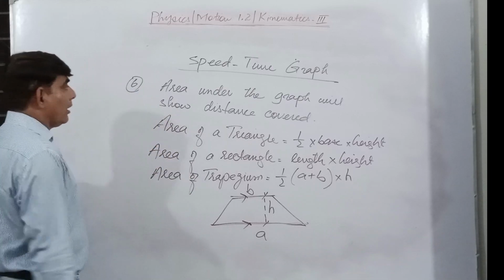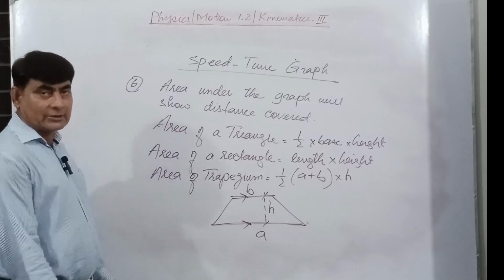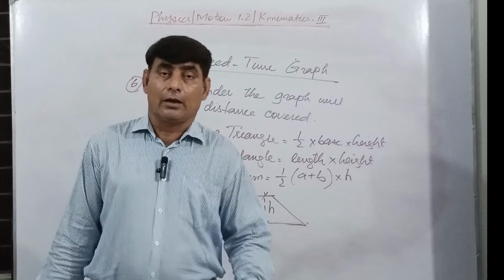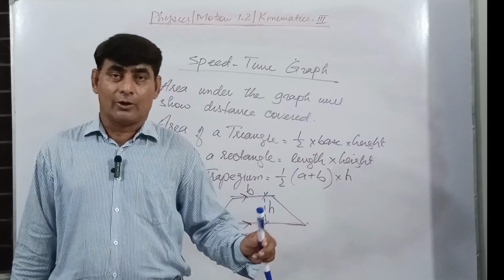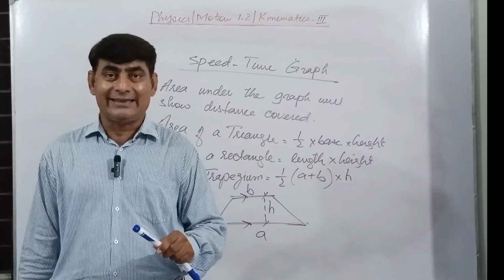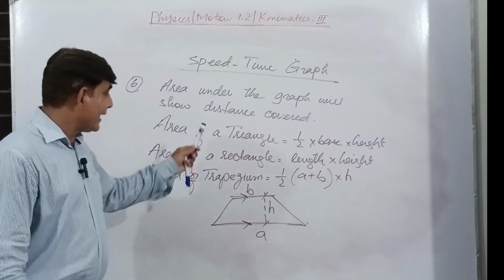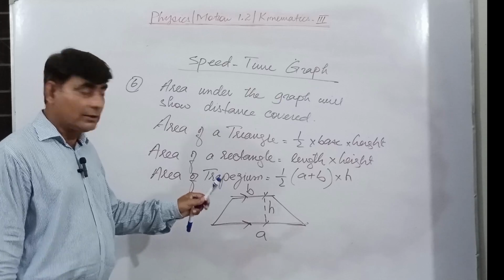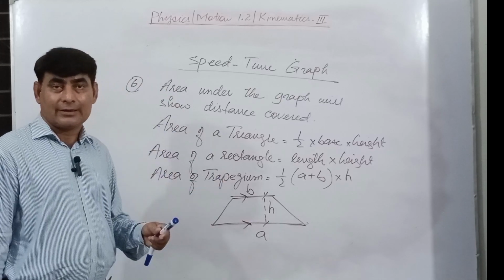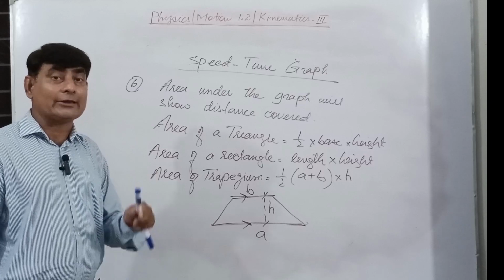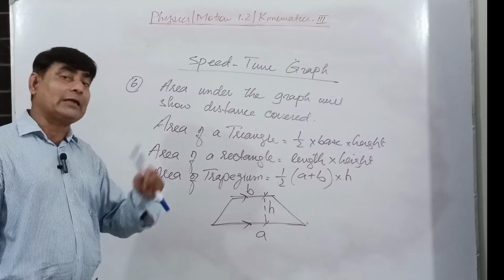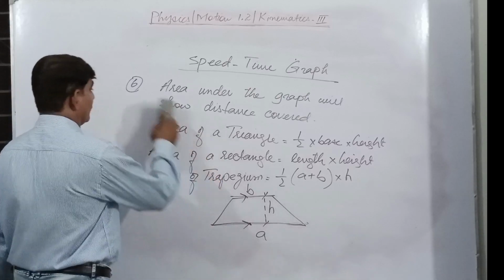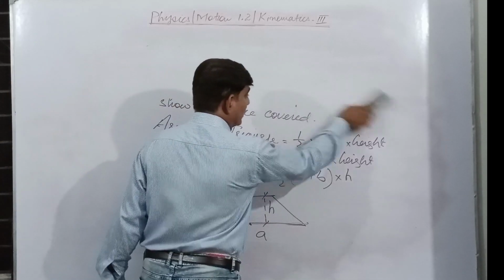Now we have discussed the distance-time graph and then the speed-time graph, and I did not try to confuse you. I used simpler words and simple steps in a sequence so that you can compare and interpret distance-time and speed-time graphs.